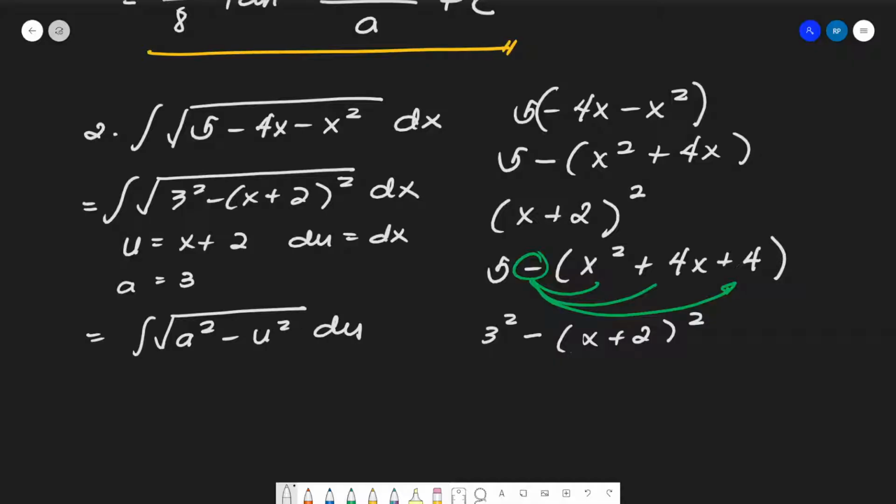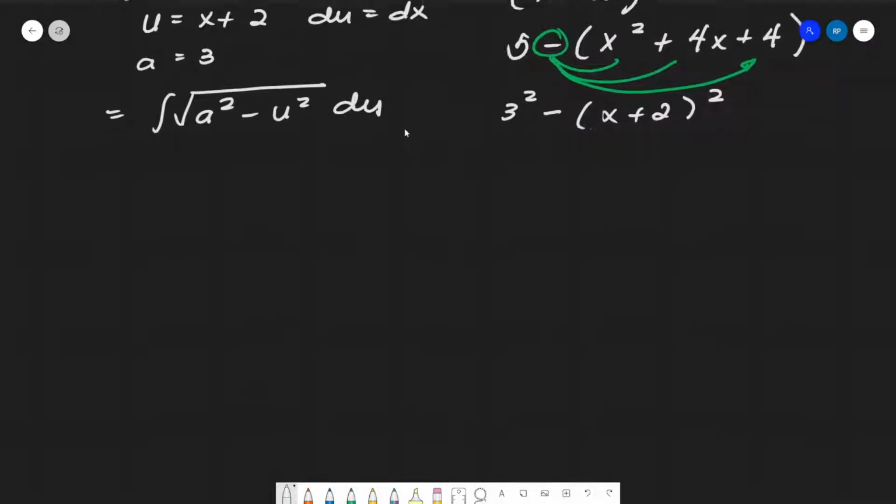Which, what form do we have here? No? So, what is our standard formula here?